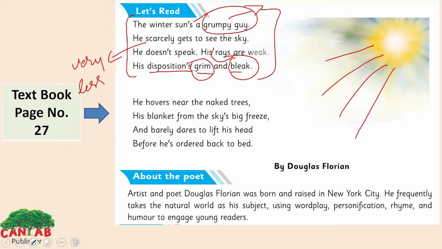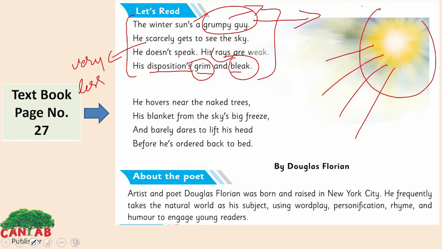So in this stanza we read about the winter sun, that he looks like an angry guy. This is the use of personification here. Yes, we have learned about personification. Personification is a figure of speech in which we give human characteristics to non-living things, which are not people actually.